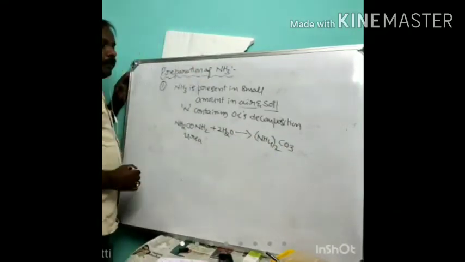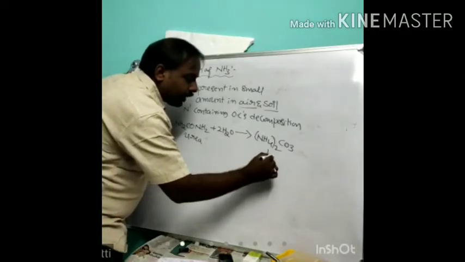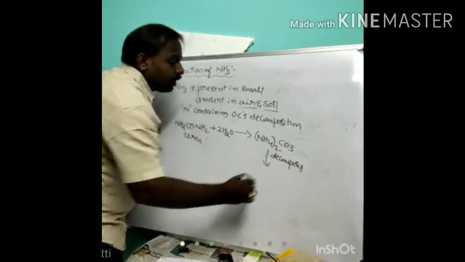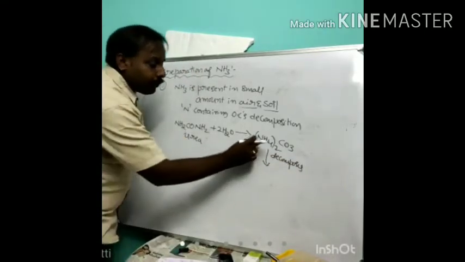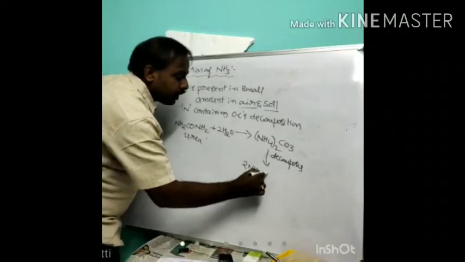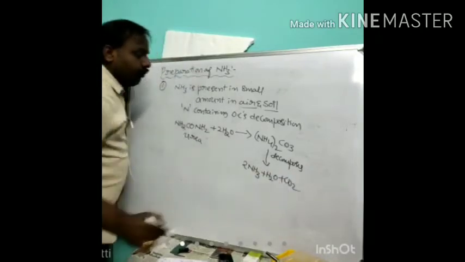This is called ammonium carbonate. When this ammonium carbonate decomposes, we get 2 moles of NH3 plus H2O plus CO2.